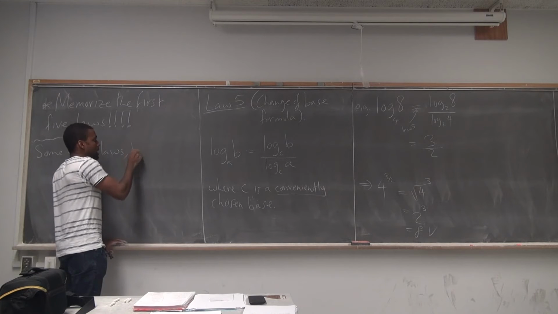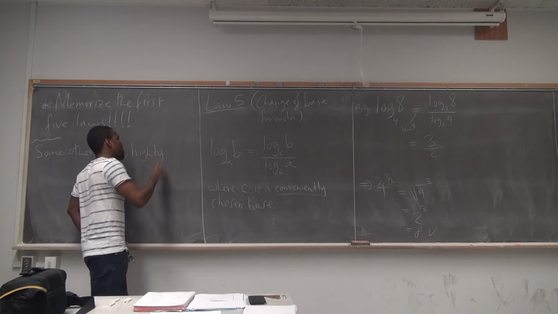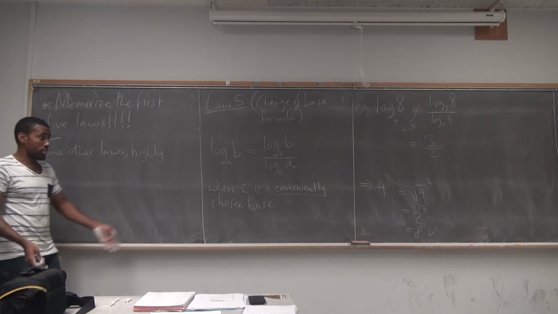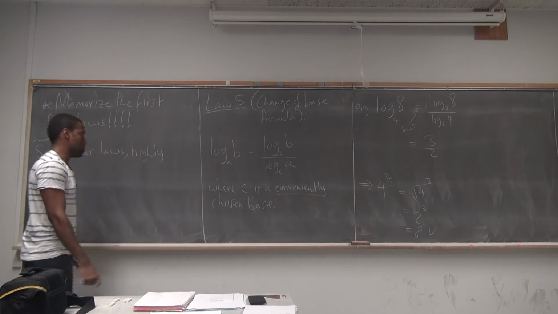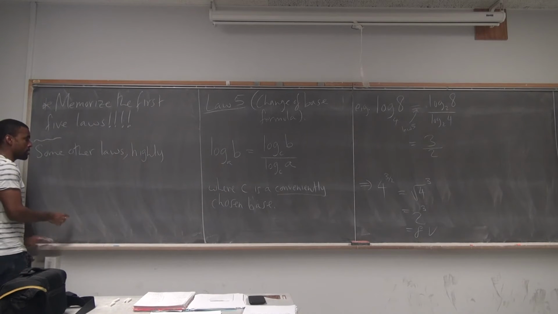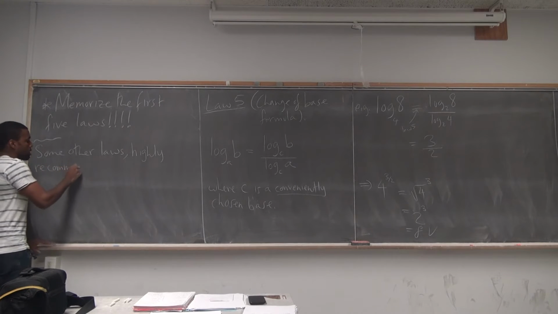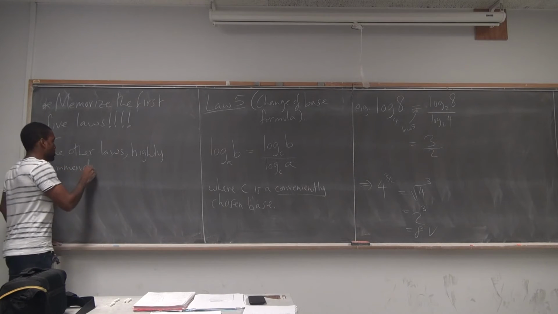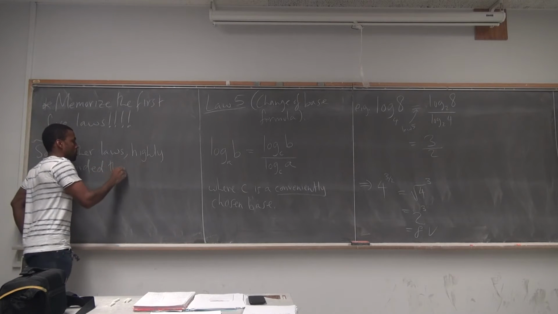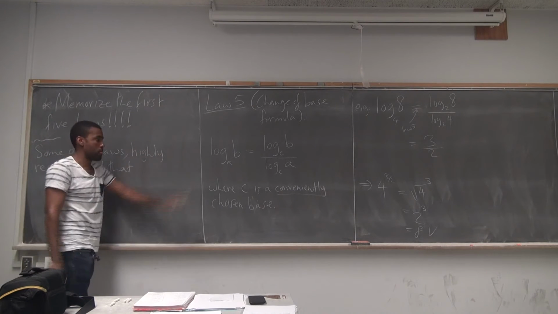For these, it is very highly recommended that you memorize them. But technically you don't. If you want to derive them from this, you can, but if you're not someone who likes deriving things, it's highly recommended that you just memorize these. It's not as hard as you might think. But there's no excuse for not memorizing the first 5.